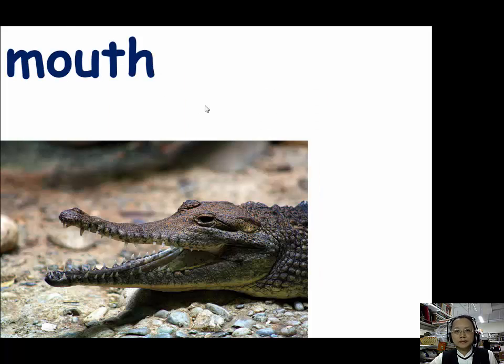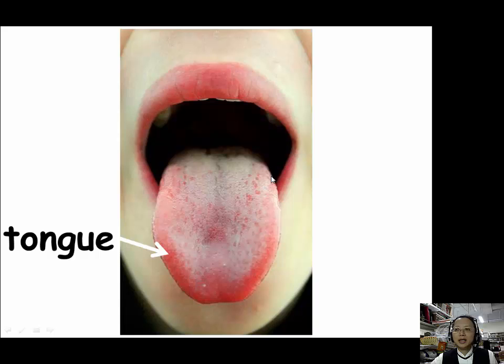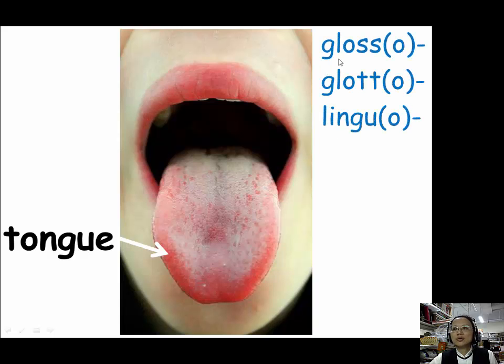For mouth, we have oro, O-R-O, stomo, S-T-O-M-O, and stomato, S-T-O-M-A-T-O. And the last one, for tongue, we have glosso, G-L-O-S-S-O, glotto, G-L-O-T-T-O, and linguo, L-I-N-G-U-O.